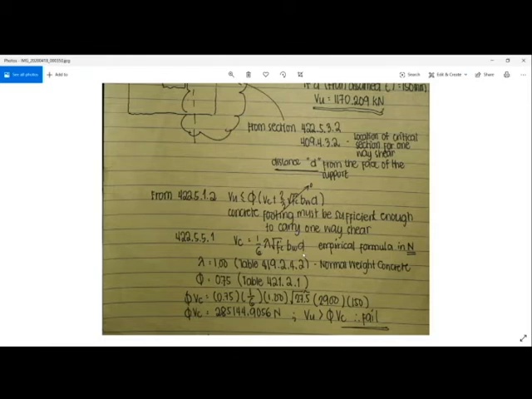So I don't want you to commit grave mistake, especially in unit conversion. So what is the formula for your lambda? Dahil didn't tell anything about being a lightweight concrete, written from table 419.2.4.2, your lambda is equal to 1.